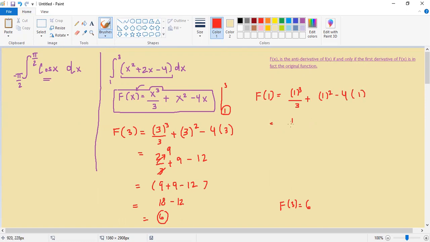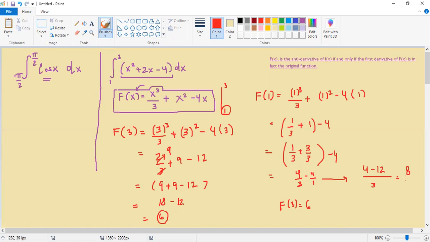And of course, this would be 1 over 3 plus 1 minus 4, which we could separate as 1 over 3 plus 3 over 3 minus 4, which comes to 4 over 3 minus 4 over 1, which we would get as minus 8 over 3.